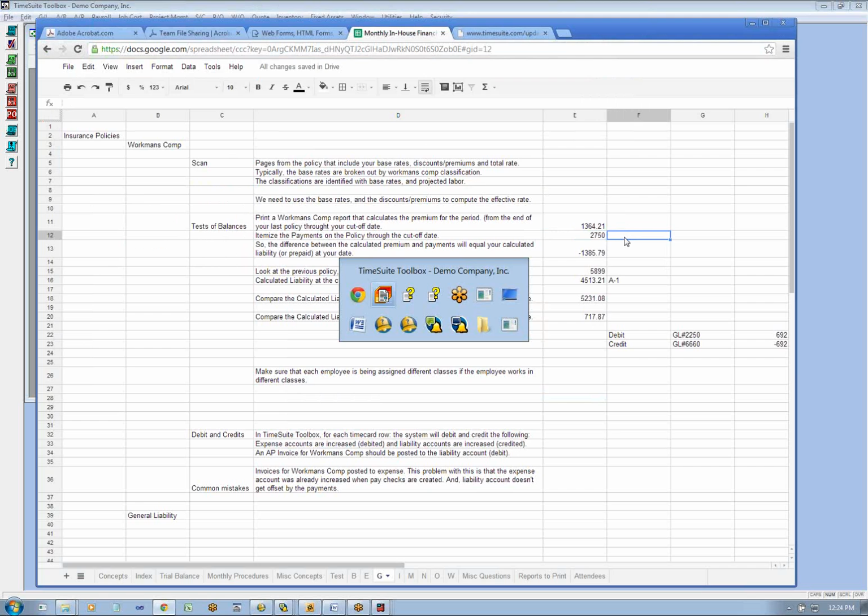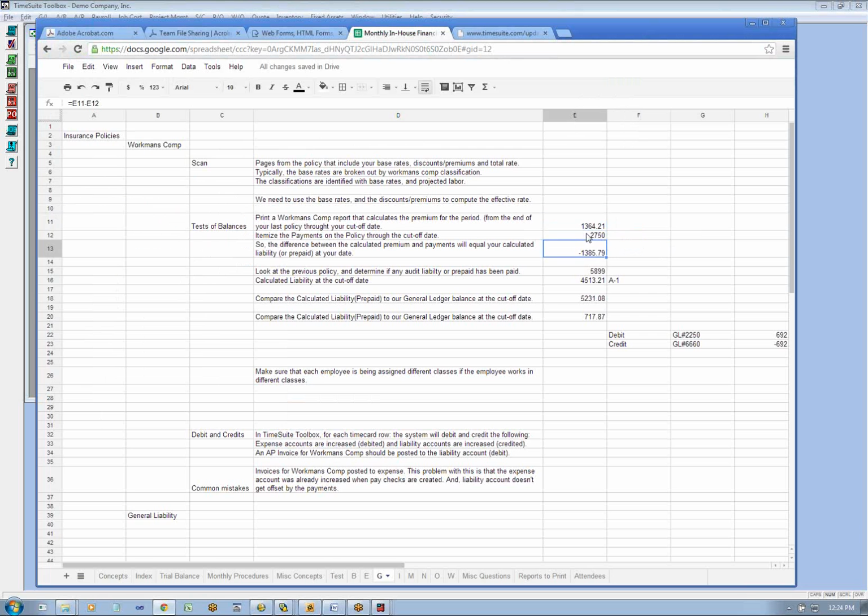So there's our payment. We might itemize that out if we had multiple payments. And so basically the difference is that we've incurred costs, we have payments on that policy, and we would see that.